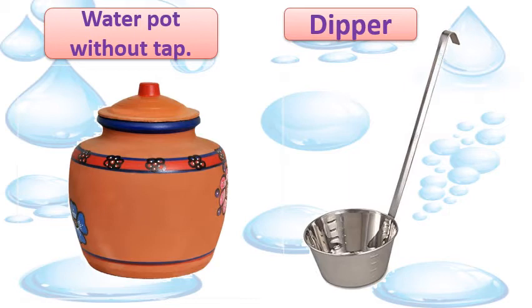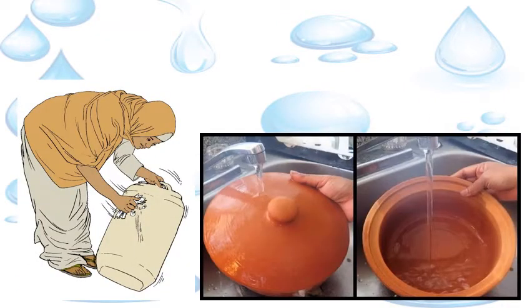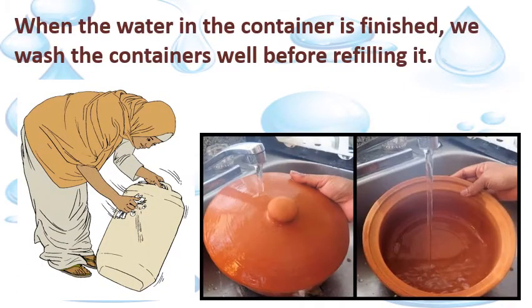Isn't it? That we have to follow to keep our water safe for drinking. Now dear students, when the water in a container is finished, we wash the container well before refilling it. If we take such care, drinking water remains clean.